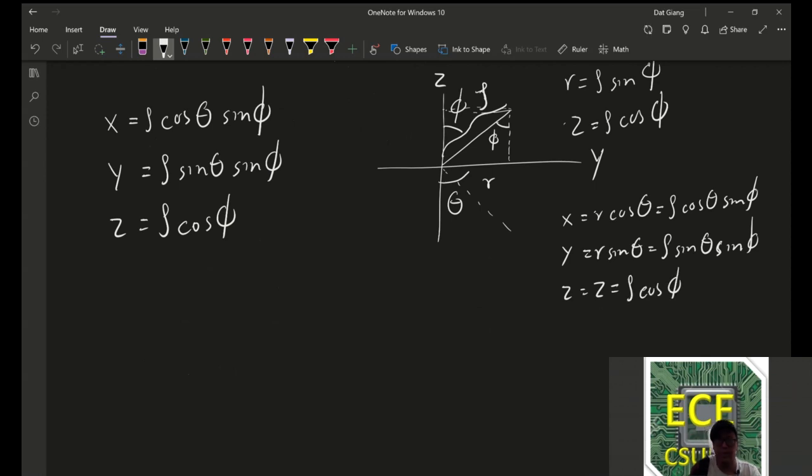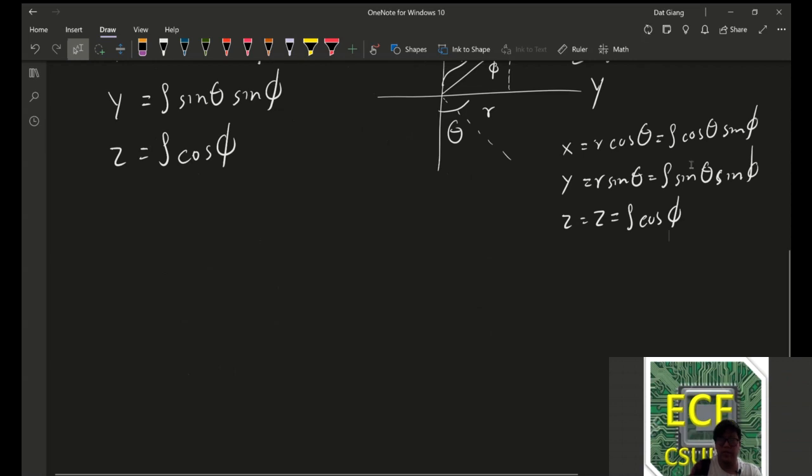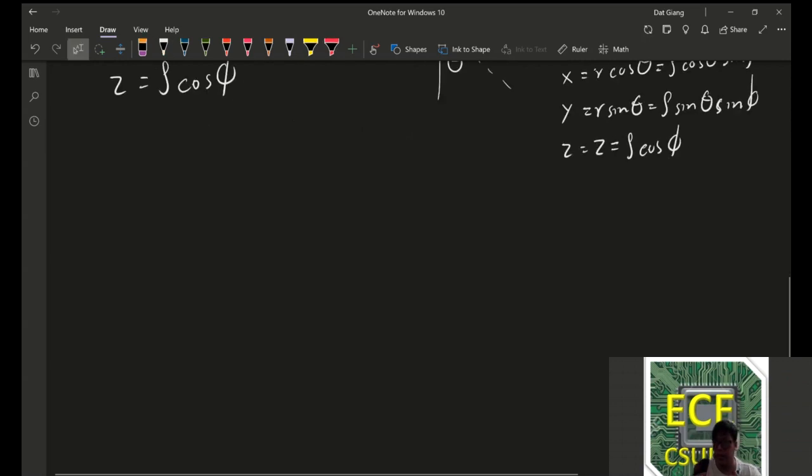Now, I will show the general formula later on about how we can find the Jacobian. I challenge the viewer to verify that the Jacobian, or the scaling parameter that you do get, is equal to rho squared sine of phi.